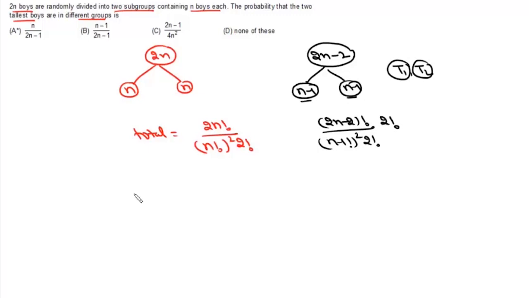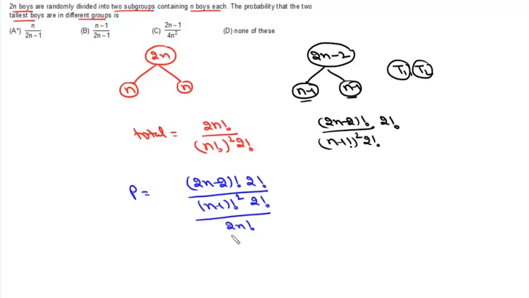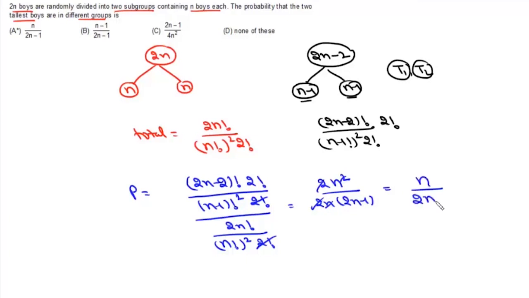So this required probability will be factorial 2n minus 2 into factorial 2 upon factorial n minus 1 square into factorial 2, divided by factorial 2n upon factorial n square into factorial 2. Now I'll cancel the n square into 2, and here it will be 2n into 2n minus 1. Now this 2n will cancel. So this required probability will be n upon 2n minus 1, and that's your option A.